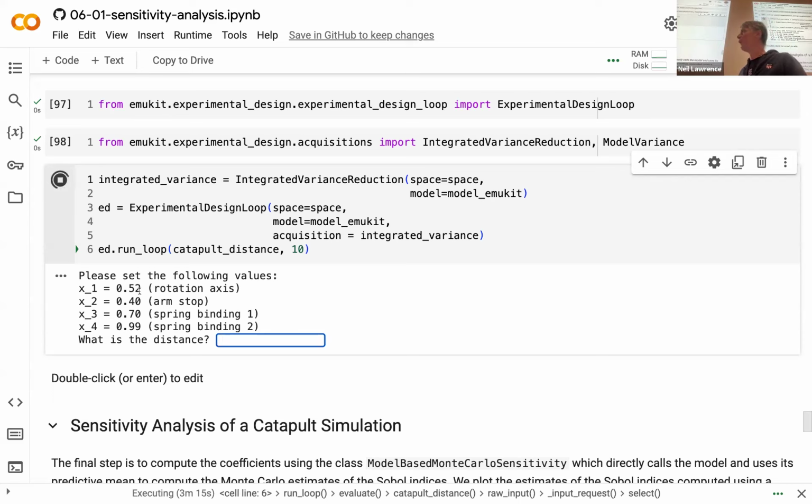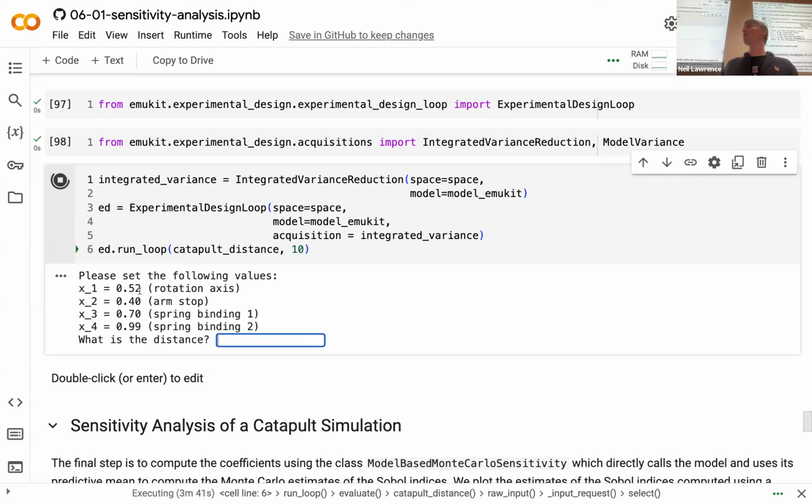And so if you do go through this, what you should find is that if you use integrated variance reduction as your acquisition function, even though it's painfully slow on the notebook, if you do it on a native Colab, you'll find even though there's a bit of extra computation going on, you get a more accurate version of the answer quicker.